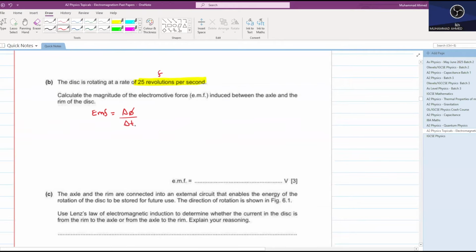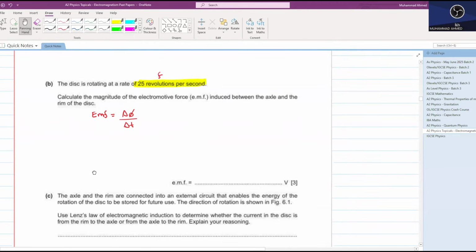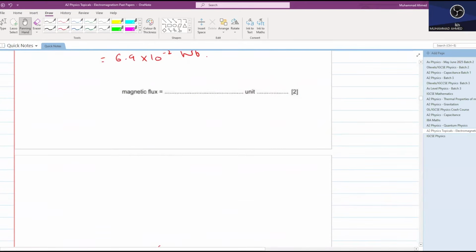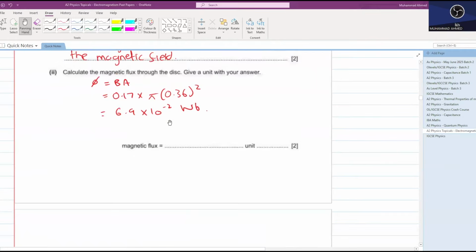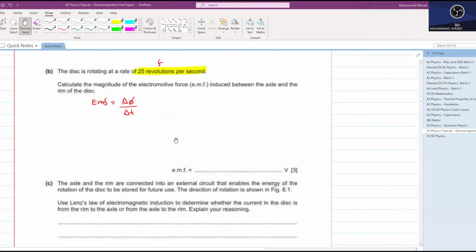You have already calculated the change in phi for one complete rotation, that is 6.9 into 10 raised to the power of minus 2. How will you calculate the time for one complete rotation? 25 revolutions happen in 1 second. So one revolution will happen in how many seconds? X. Cross multiply it. X is equal to 1 over 25.